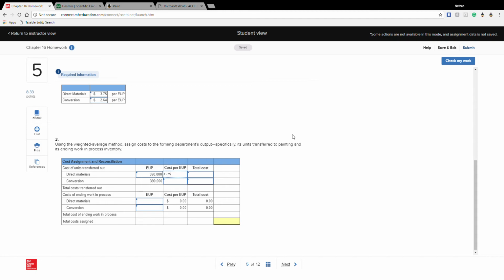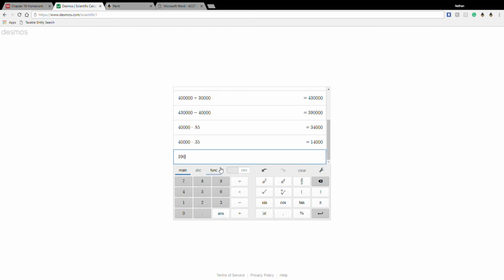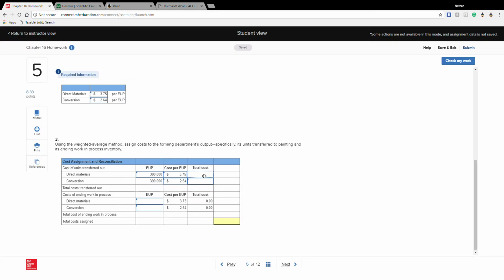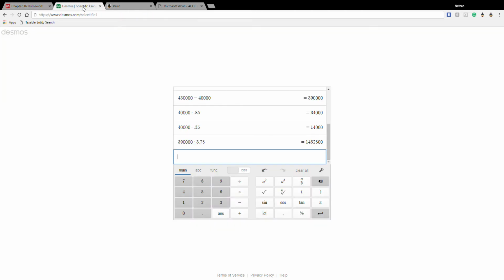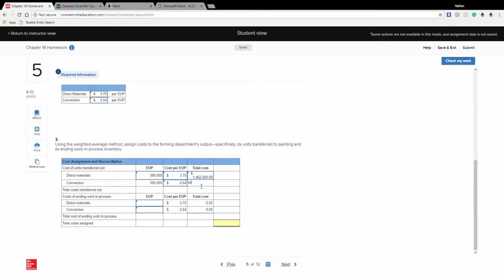So that 3.75 and 2.64. And we actually have to figure out our cost. So again, take our completed times our cost. This was 1,462,500. And then do it for the other one. 1,296,600. 2,960,600.